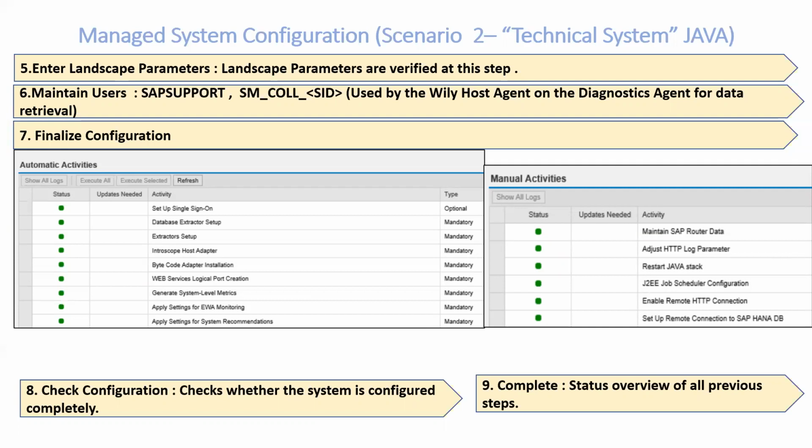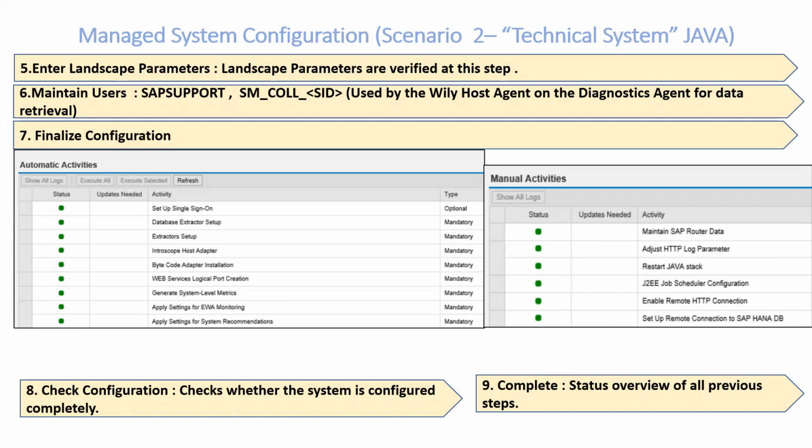We will now take a look into the finalize configuration activities for Java systems. If you take a look into the finalize configuration steps for ABAP and Java systems, you will see that there are few differences within these mandatory configurations for obvious reasons, as we have seen in the previous sessions.